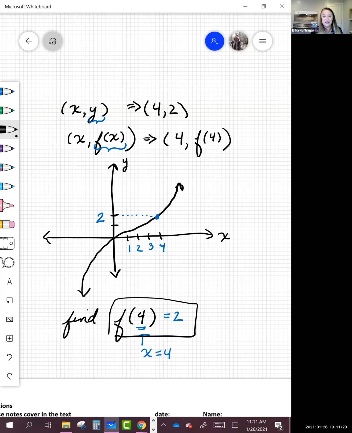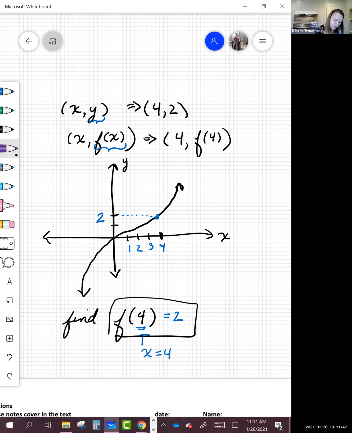So when we're looking at limits, we're looking at what's happening in the graph as we're approaching some x value. So sometimes, let's say I want to see what's going on with my y value as we get closer and closer to x equals 4 on the graph.